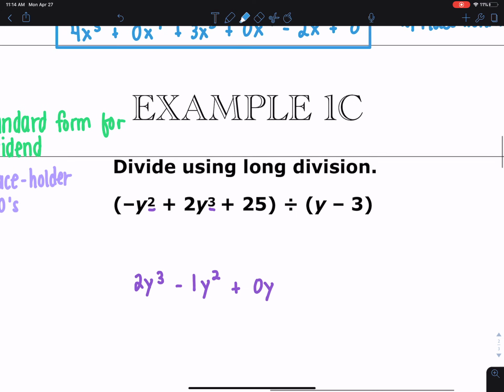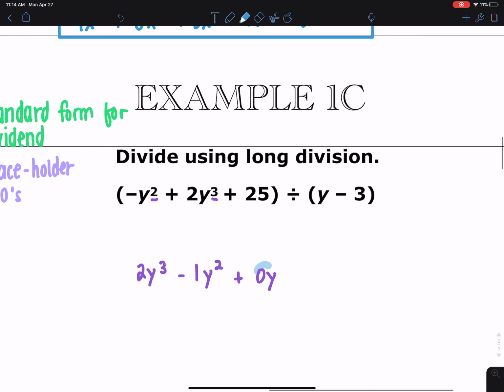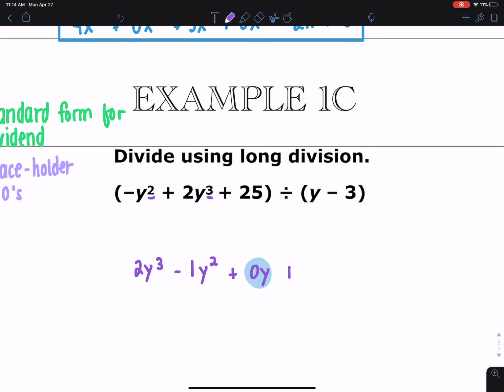So plus 0y. Again, this is one very, very common place where people make mistakes in the division process. And then we do have a constant term, which is 25. And then we are dividing that by y minus 3.